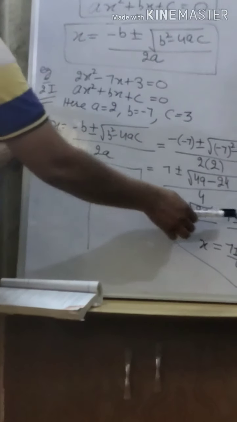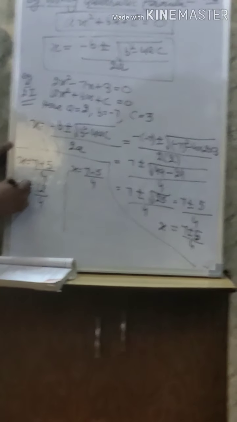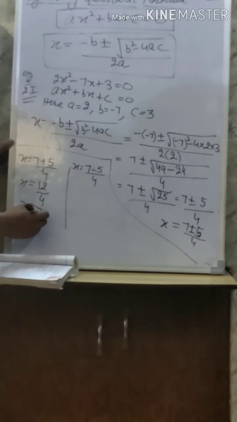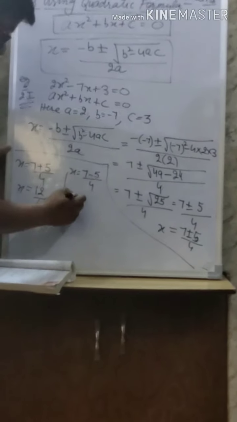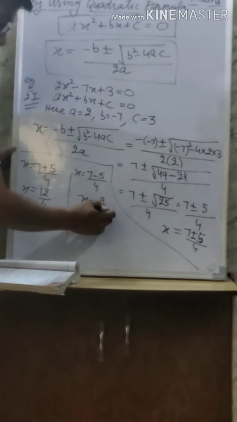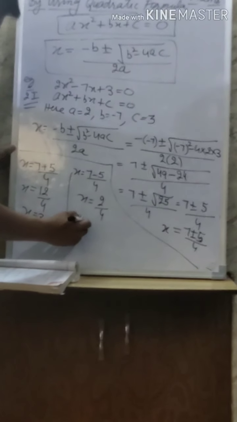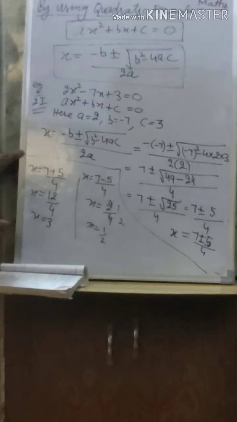So 7 plus 5 is 12 by 4, x is equal to 3. Clear this? Now second, x is equal to 7 minus 5, 2 by 4, so cancelling, x is equal to 1 by 2.